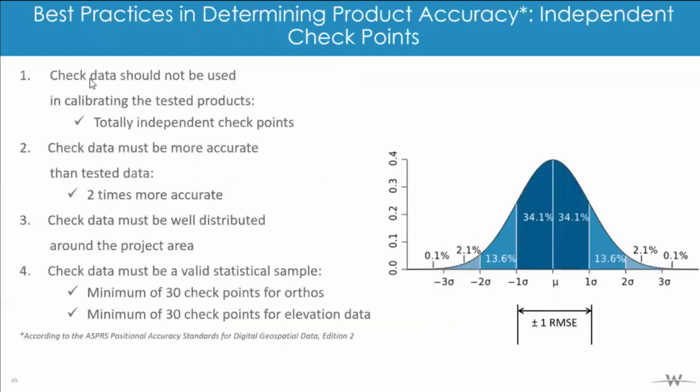Best practices: checkpoints should not be used in calibrating the tested product. They should be totally independent checkpoints. Check data must be more accurate than the tested data, 2 times more accurate. Check data must be well distributed around the project, and must be a valid statistical sample. At least 30 of them should be used in the assessment.